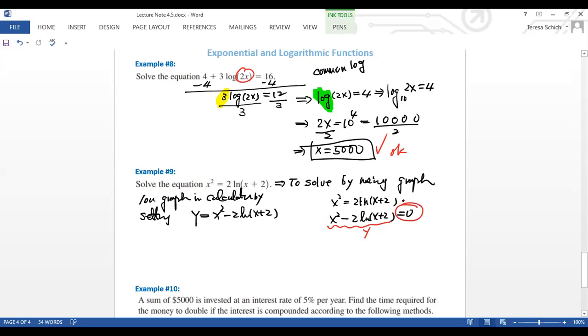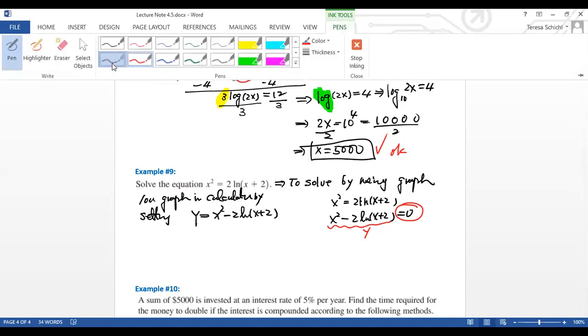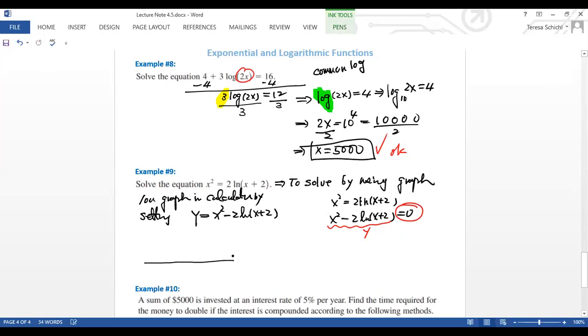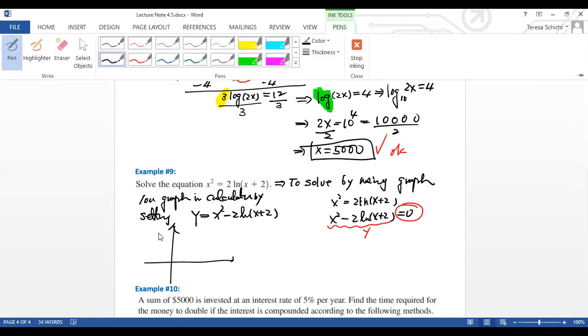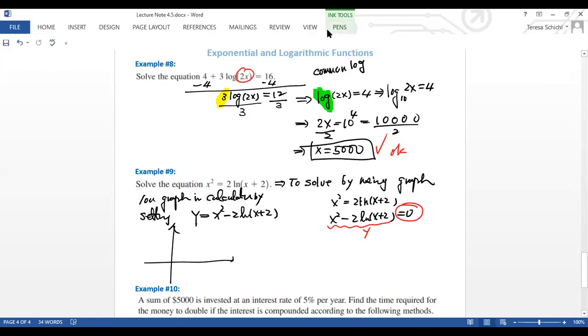Okay, so put it into your calculator, and you do the graph, and the calculator will give you a graph something like this, all right?